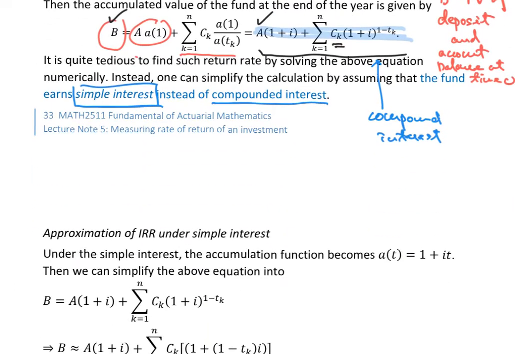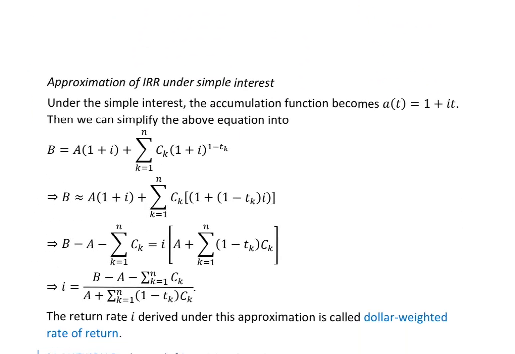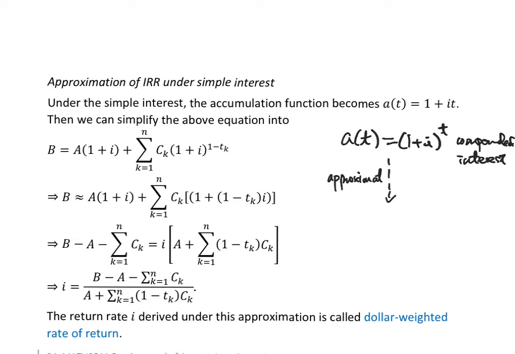Now in that case, what will happen? Originally under compound interest, our accumulation function is (1+i)^t, which is what we have if we assume compound interest. Now, because the 1 year time horizon is short, we will approximate it by the simple interest, which is equal to 1 + it.